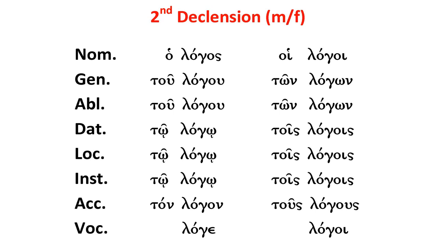So first declension is going to be mostly feminine, and then just have a few masculine nouns thrown in. Whereas second declension is mostly masculine with a few feminine nouns as well.